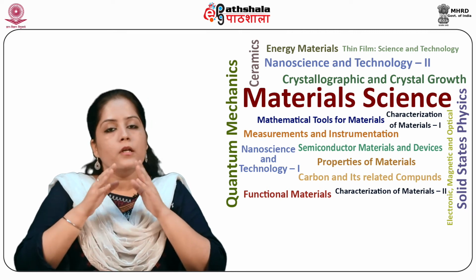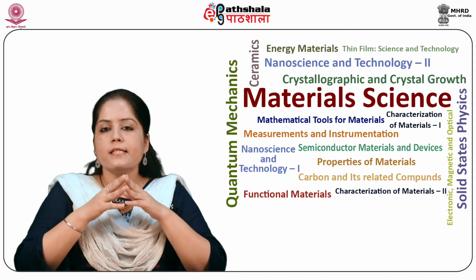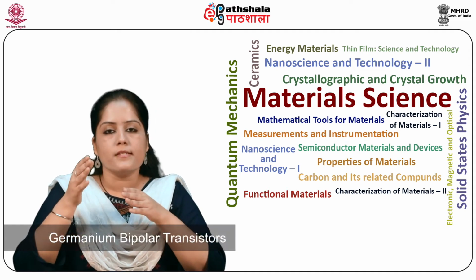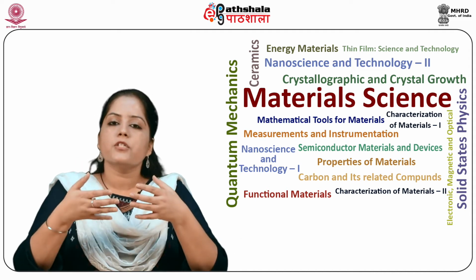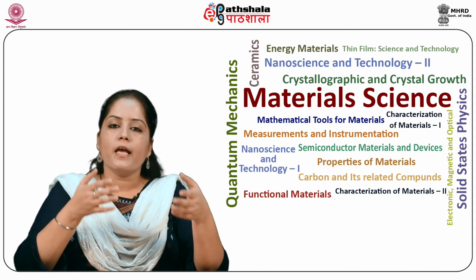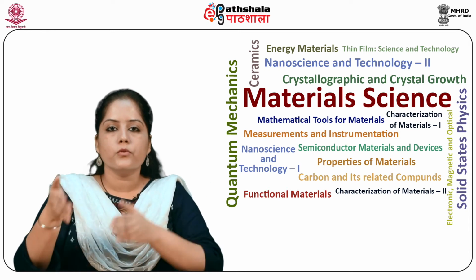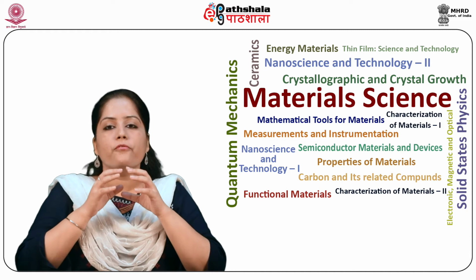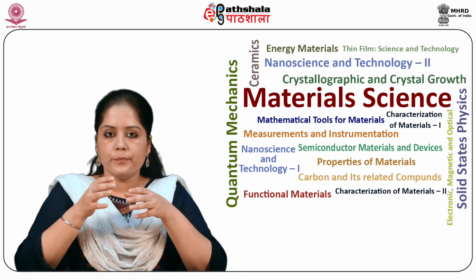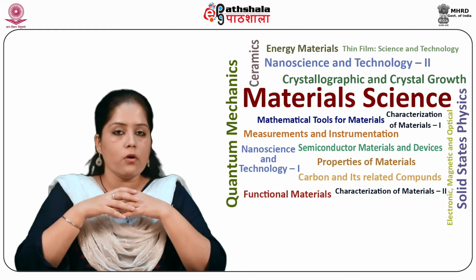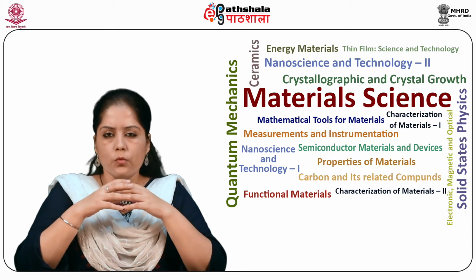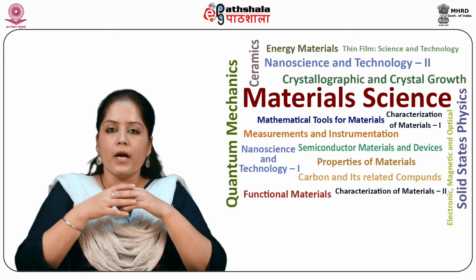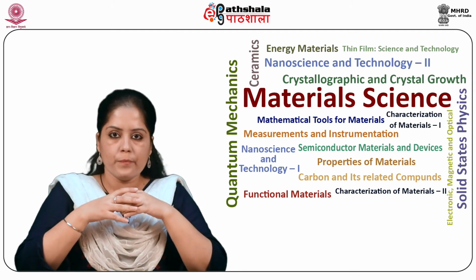Not until 1965 did germanium bipolar transistors start to be employed at L band, that is 1 to 2 gigahertz. The idea of the field effect transistor goes back to Shockley in 1952, but took even longer to realize for microwave frequencies.